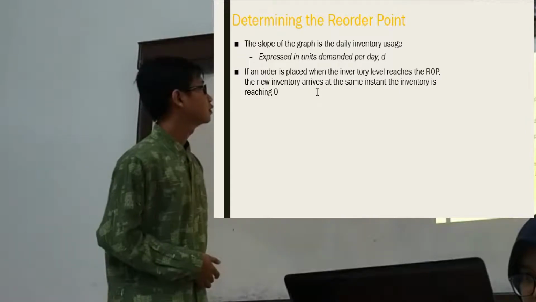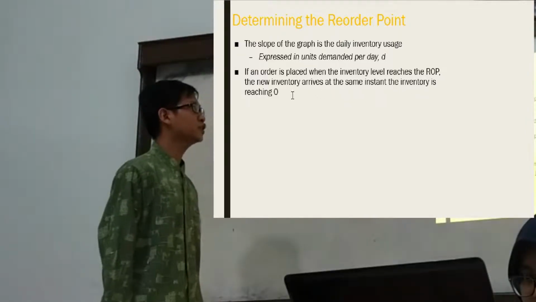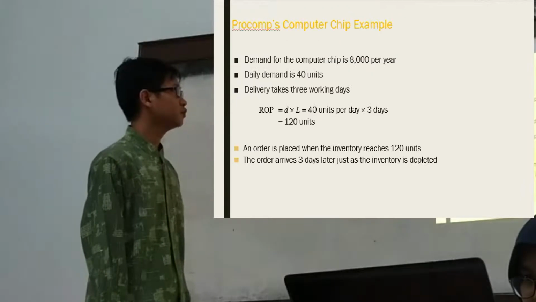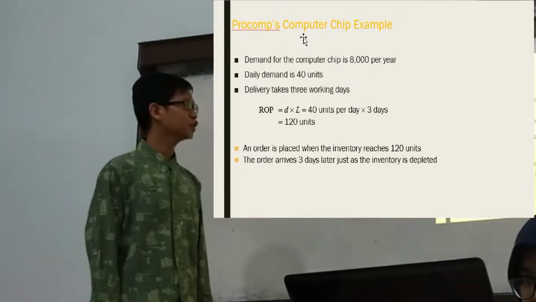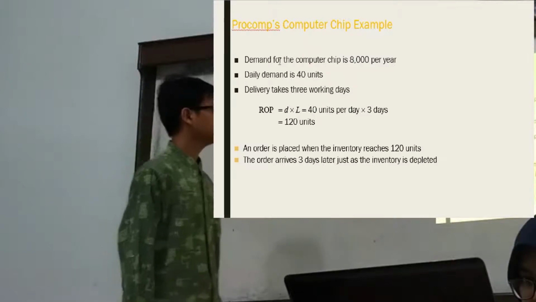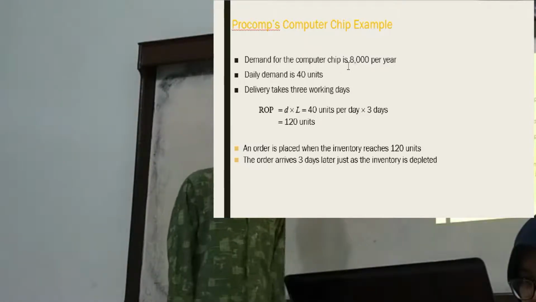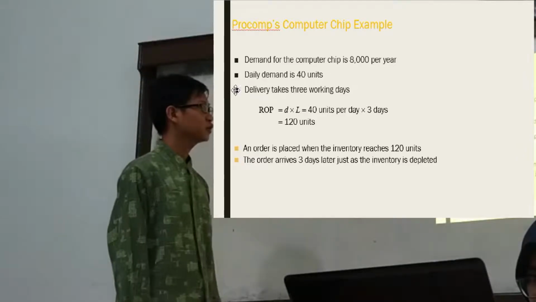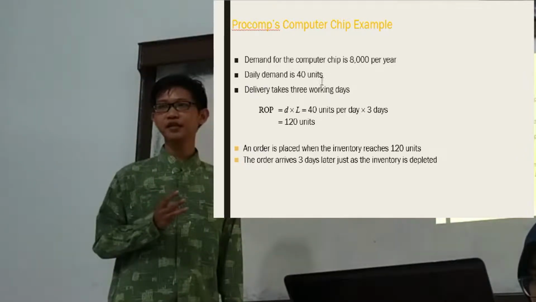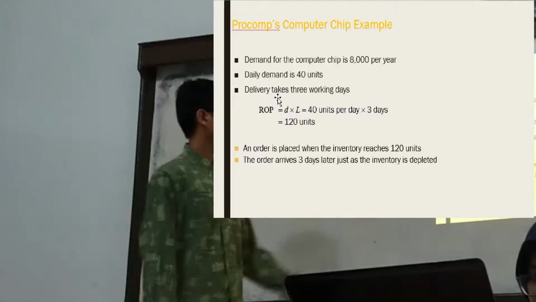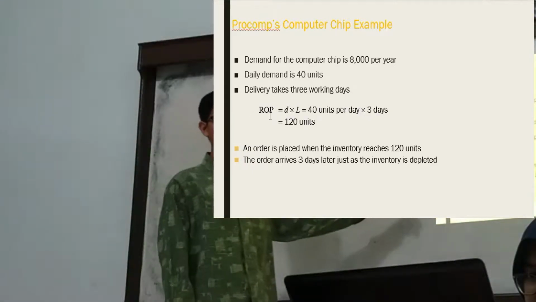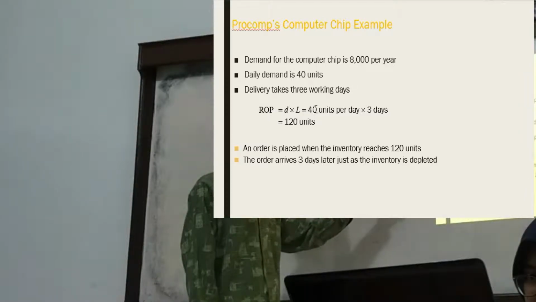Next, this is the Procom's computer chip example. Demand for the computer chip is 8,000 per year. Daily demand is 4 units. Delivery takes 3 working days. And the ROP we get from the formula before.